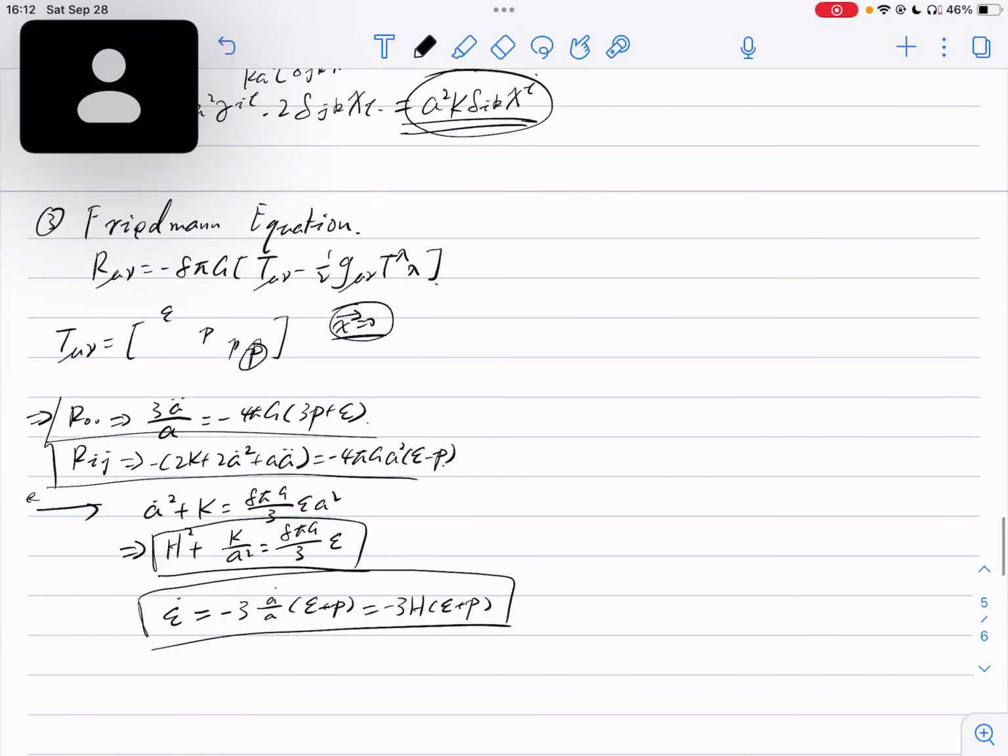The reason is that in the non-relativistic limit, the pressure is much less than the energy density, and the Friedmann equation in general relativity reduces to the Newtonian one.